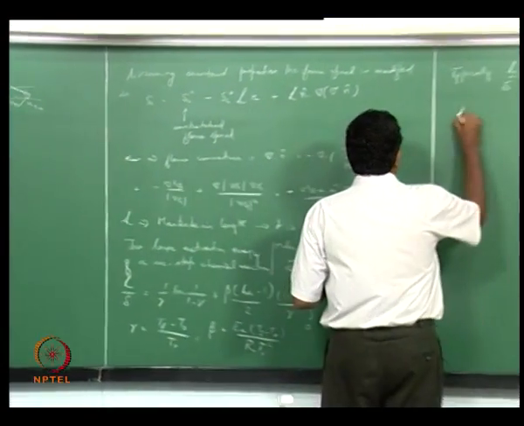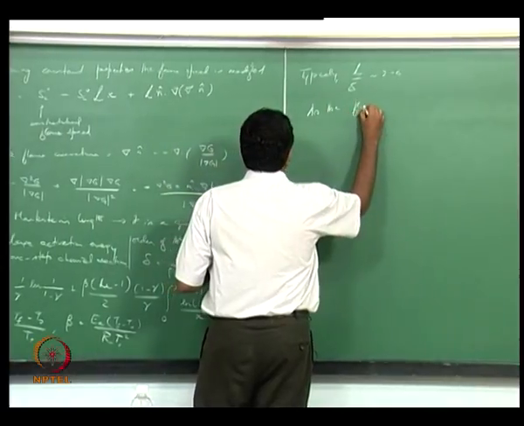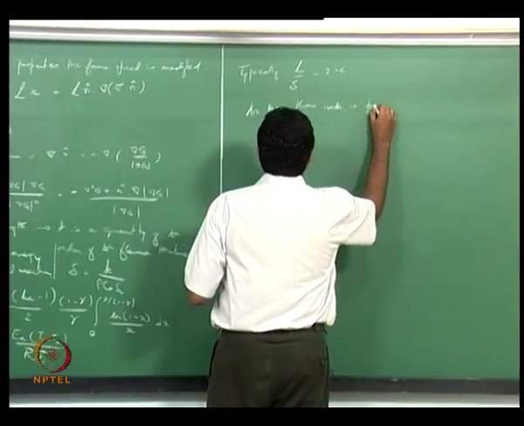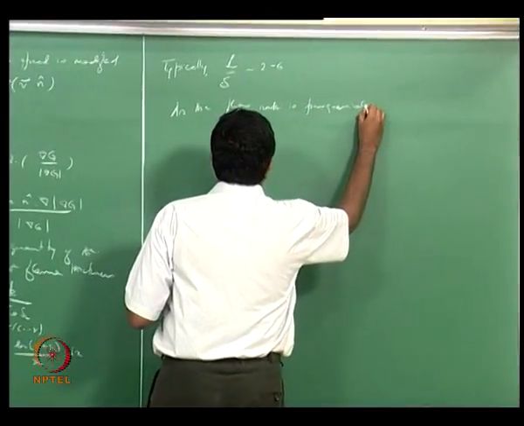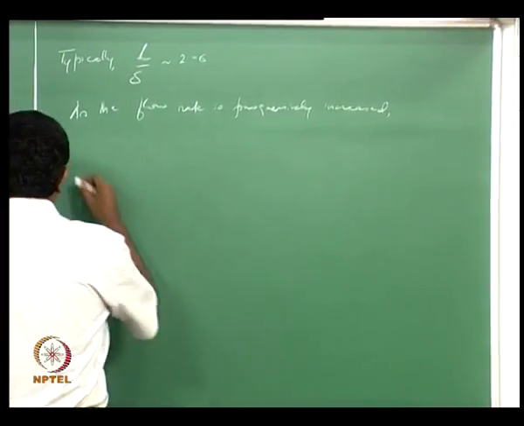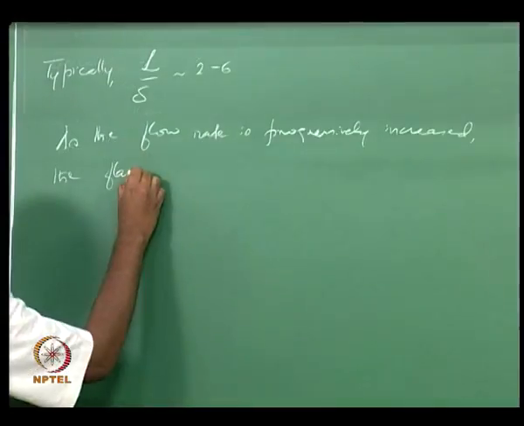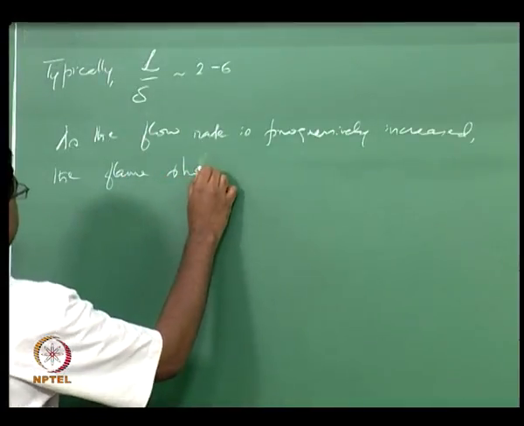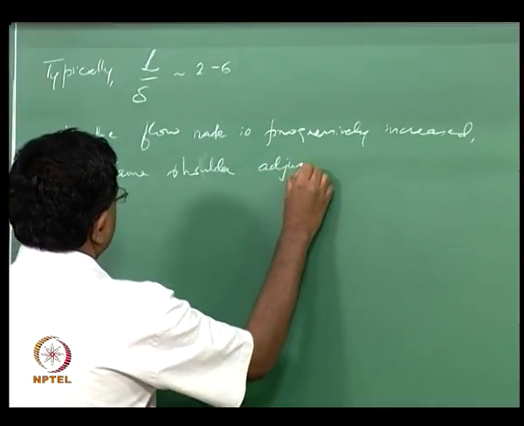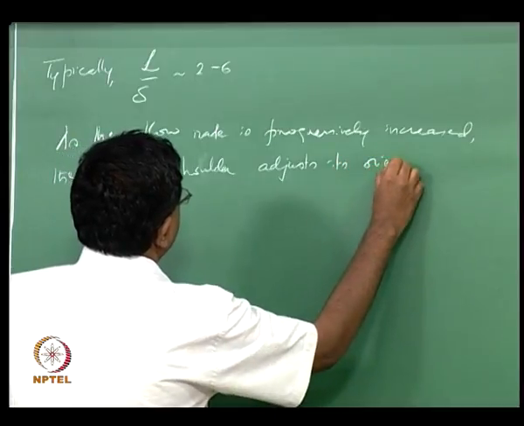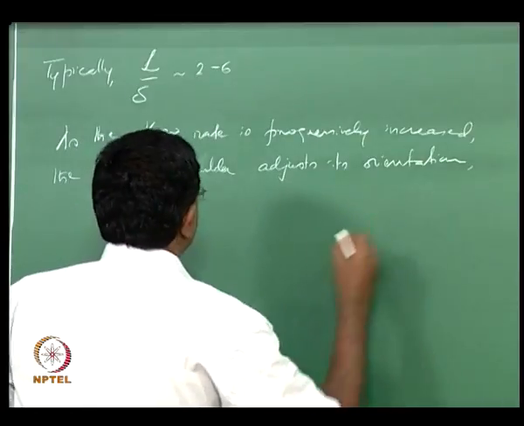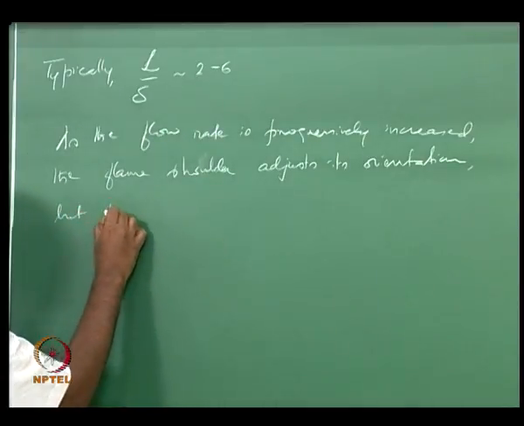As the flow rate is progressively increased, the flame shoulder adjusts its orientation, but the tip can't.